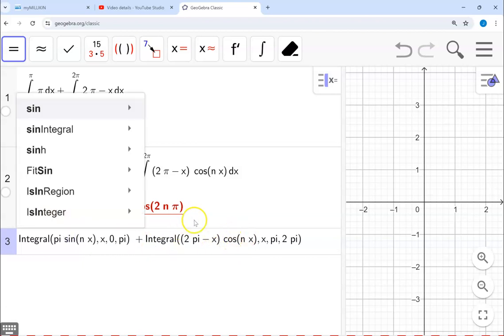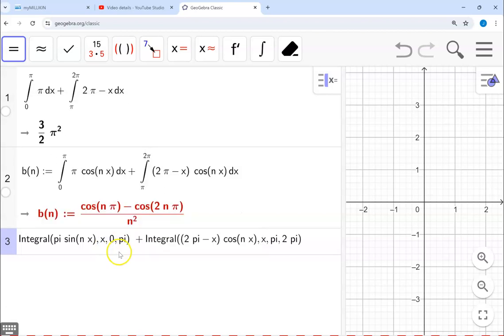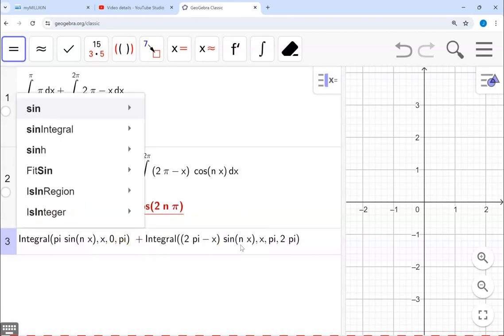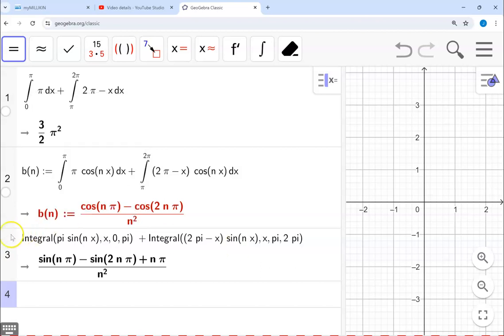GeoGebra is super clunky with different things like this. All right, so I just went in and pasted it and changed the signs. If you're having issues with the copy and paste, which is certainly possible because it likes to re-put things in there for you that you didn't want in the first place, you can just retype it all. It likes to be super clunky.